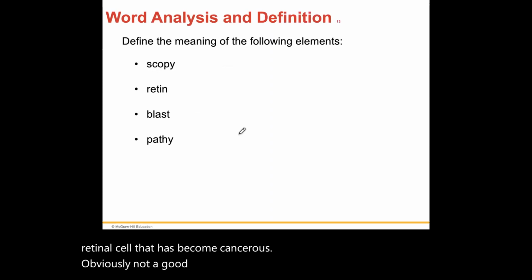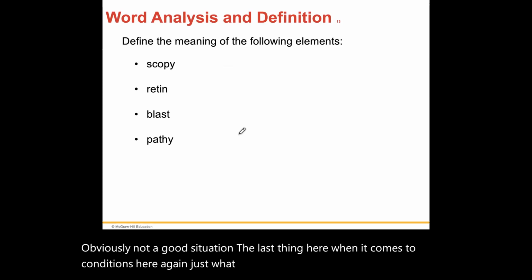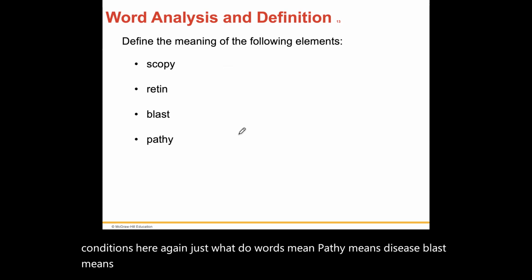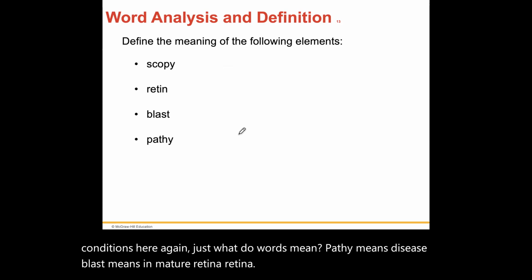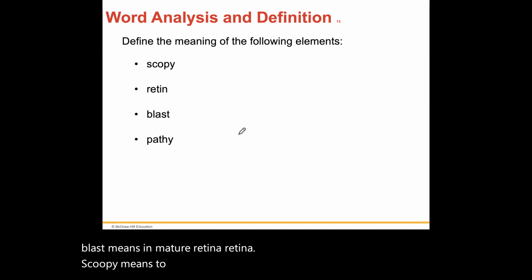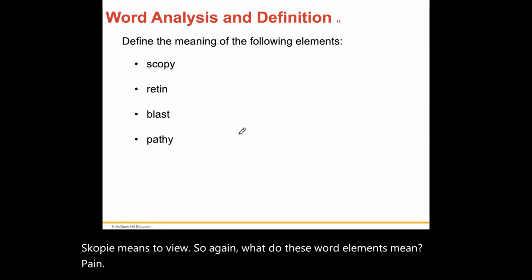The last thing here when it comes to conditions, again, is just what do words mean? Pathy means disease. Blast means immature. Retina. Scopy means to view. So what do these word elements mean? Pathy is generally seen as a suffix.